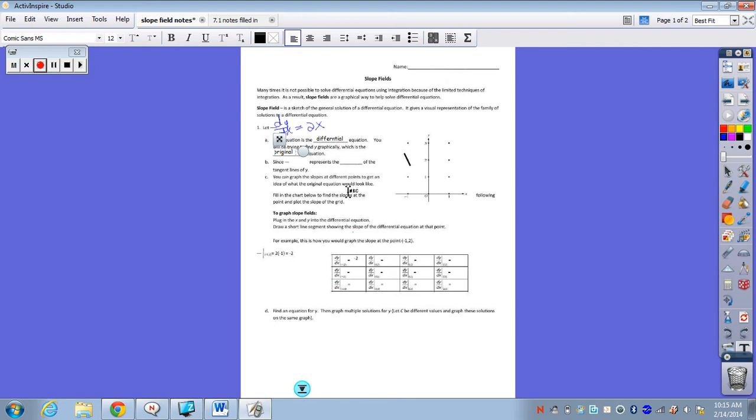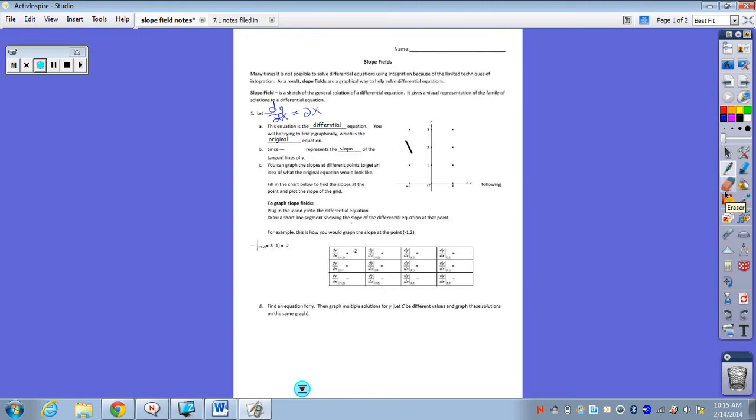Since dy/dx is equal to 2x, 2x represents the slope of the tangent lines. You can graph the slopes at different values to get an idea of what the original equation would look like.